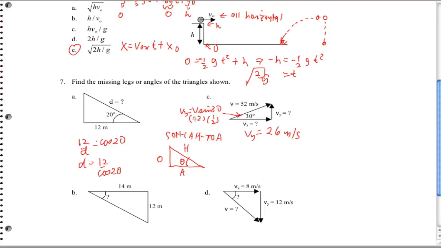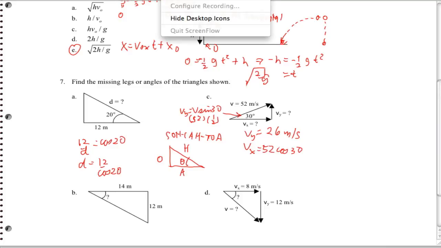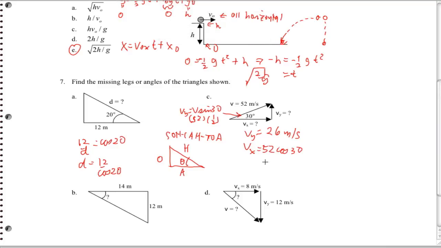So that works out to be 26. And then when I want to get Vx, that's going to be 52 times the cosine of 30. When I plug that into my calculator, I end up getting 45.03 meters per second, which is wonderful.